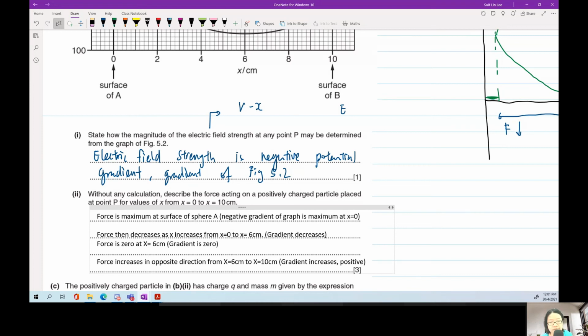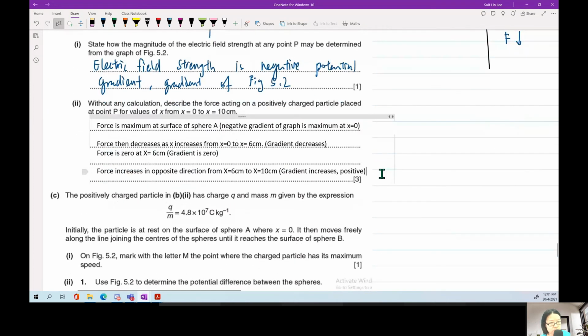Okay, I'm very paranoid because I know the mark scheme, or I've done enough past year questions. So I will also add another point because I don't know whether there is a mark for that. I have to be able to relate electric field strength to the graph, which I've already done in this part, so I don't have to do it again. But I also have to relate electric field strength to force.